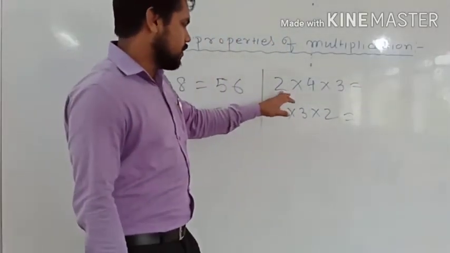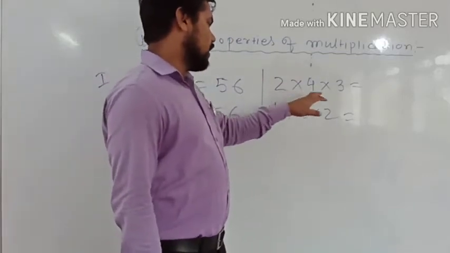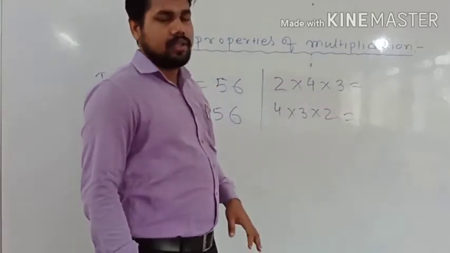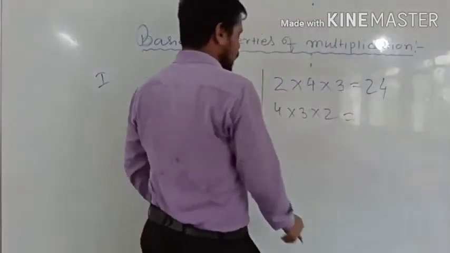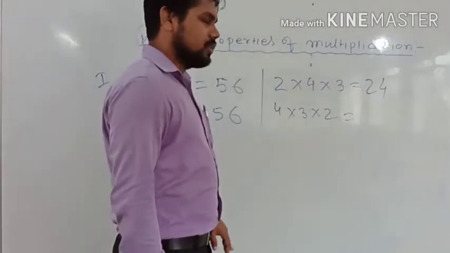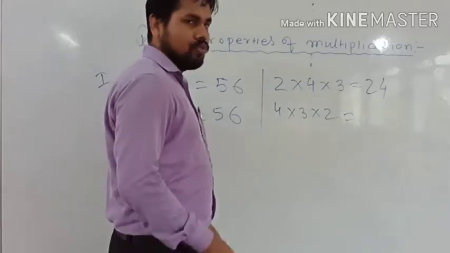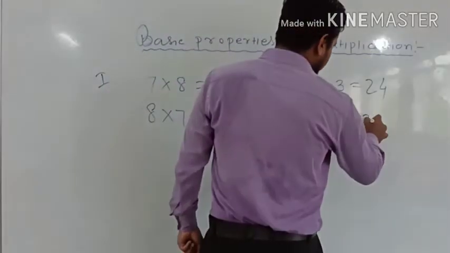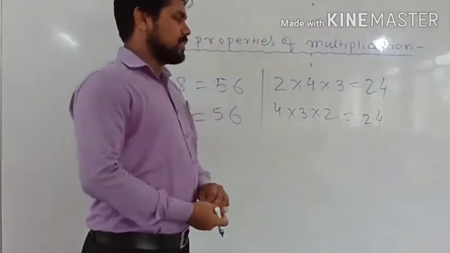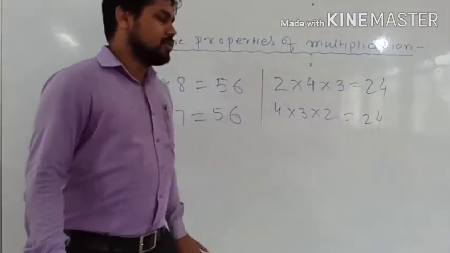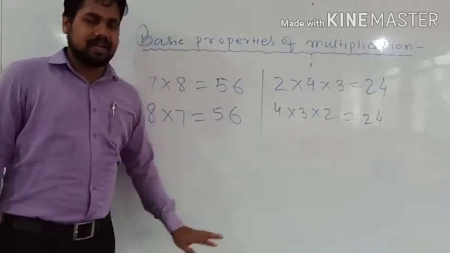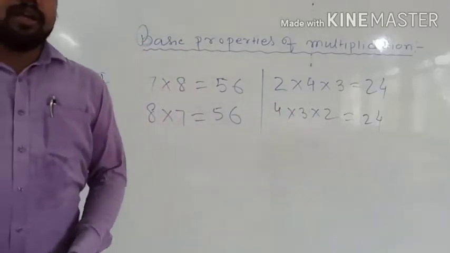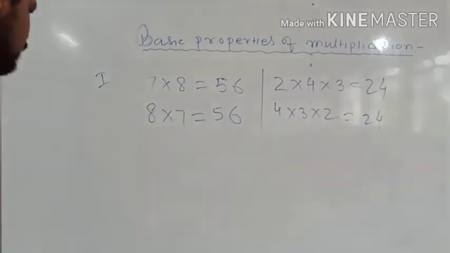Here you can say 2 4 are 8, 8 3 are 24, right? Here you can say 4 3 are 12, and 12 2 are 24. So you can see the result is same. So this property is saying कि the order of the multiplication doesn't matter. In any order, the product will be same.